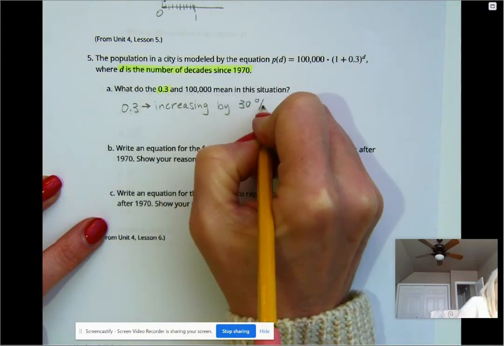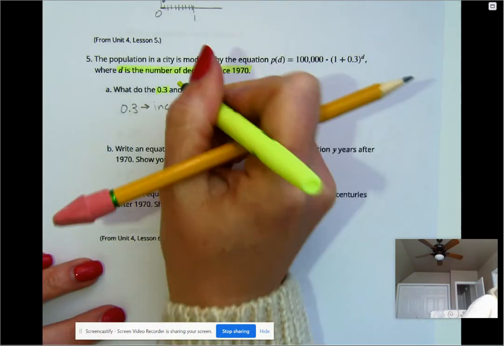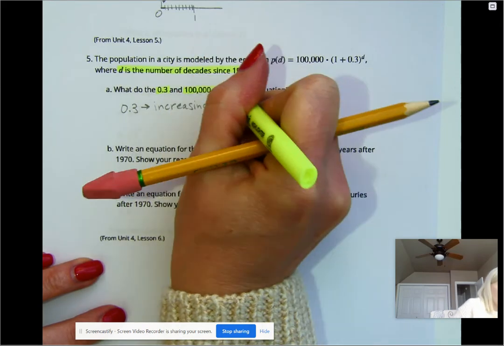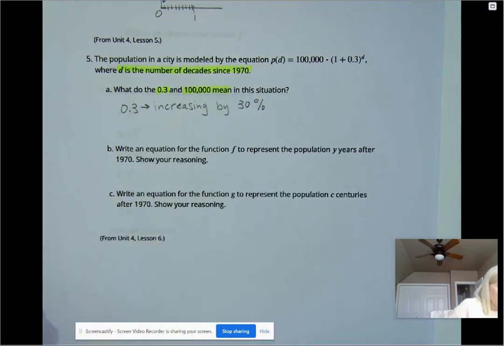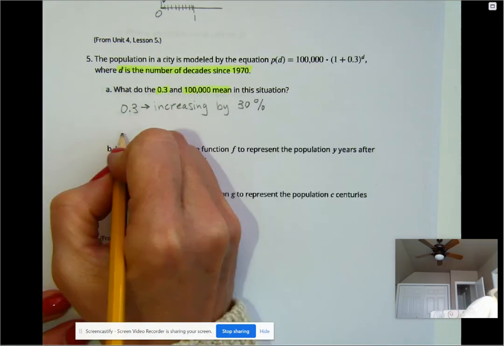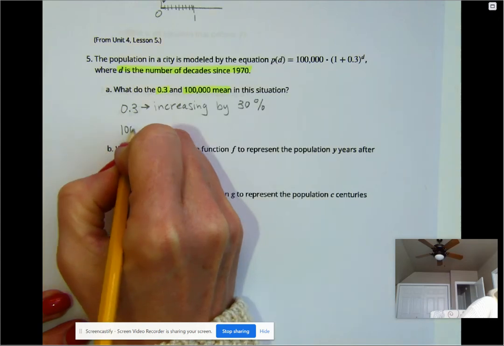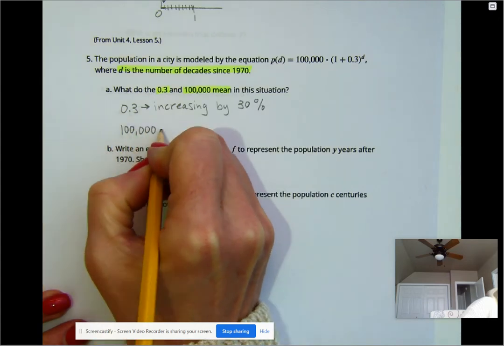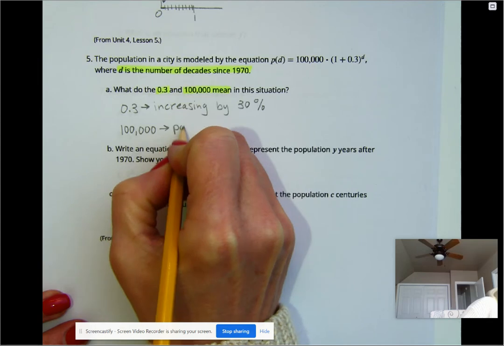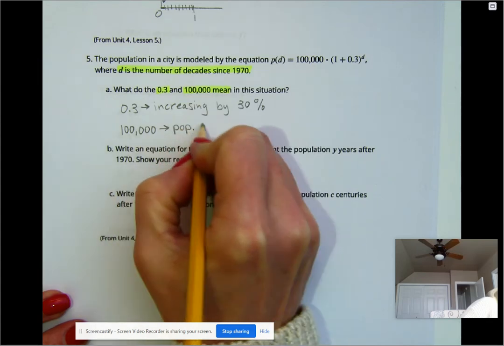And then the 100,000, well, that's the initial amount. And since the function represents the population in decades since 1970, that means that the 100,000 is the actual population in 1970.